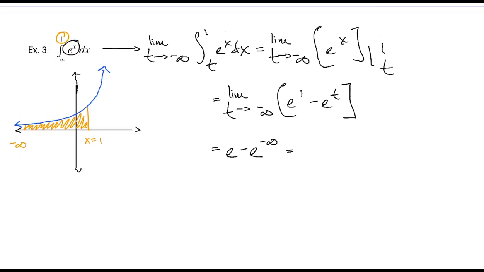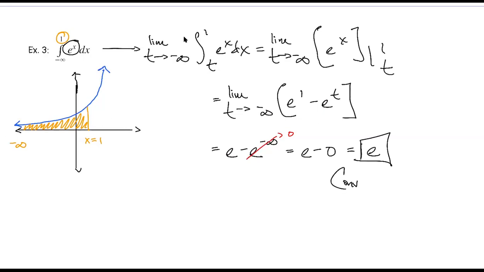How do we know that? Because it's the same thing as any number over infinity goes to 0. So this is going to go to 0, which means we really have e minus 0, or e. So this improper integral converges to a value of e.